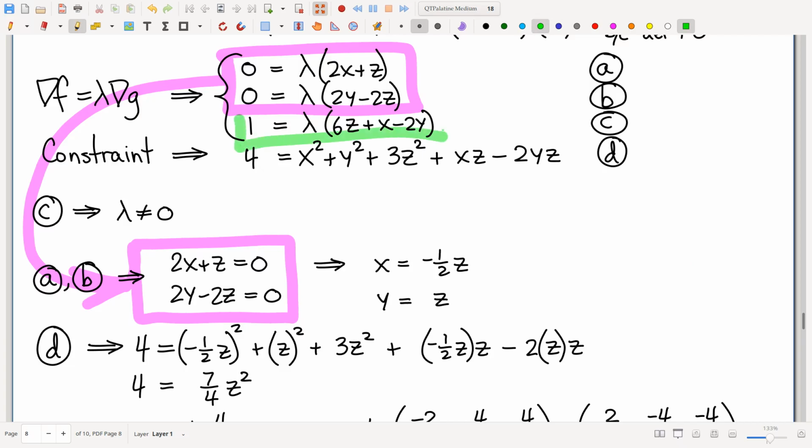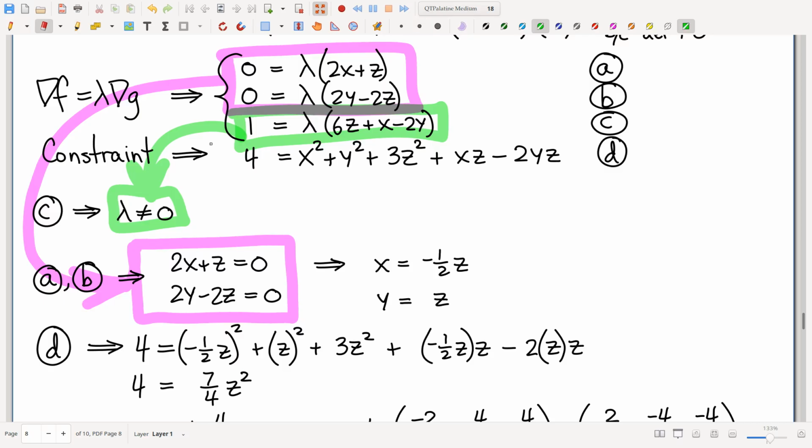Conveniently, that's easy to do in this case. If lambda were 0, this third equation would not be satisfied, and that's not possible. So, again, easy money. All you have to do is make this little observation that lambda is not 0, and having done that, it is perfectly fine to cancel that lambda.